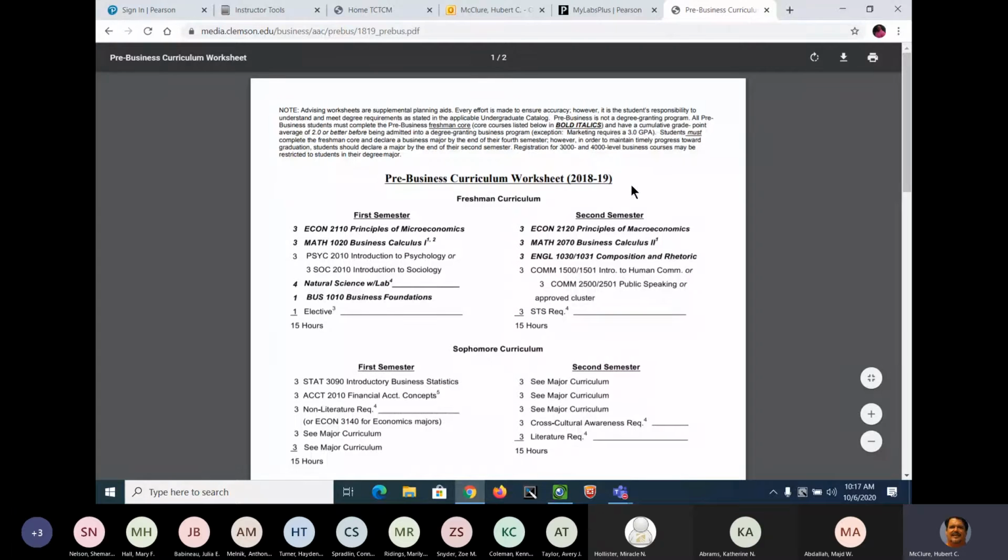I'm assuming most of y'all, since we are at Tri-County, either transfer to Anderson, SWU, or Clemson. You need to pull up the sheet of the major you want to go into, and look at the calculus and get a spring built up before you see your advisor. Does that help, Ms. Abrams?